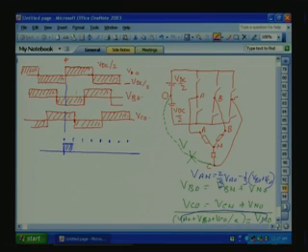Now, next 60 degree interval, VA0 and VB0 are negative. So, minus 1 by 3 times VB0 plus VC0, they are negative.